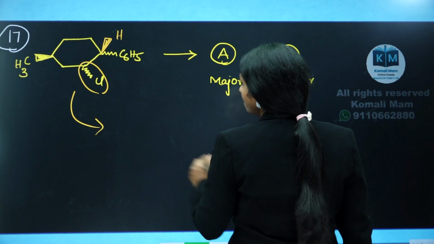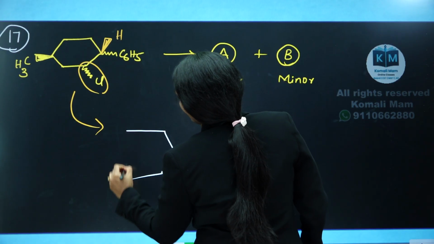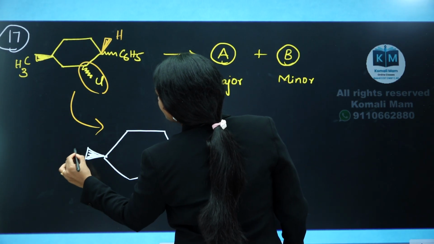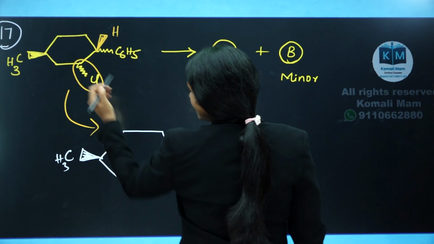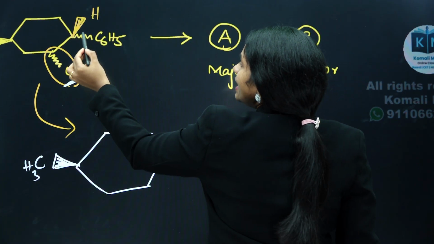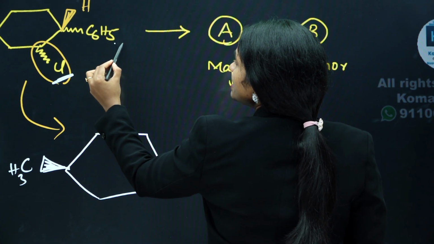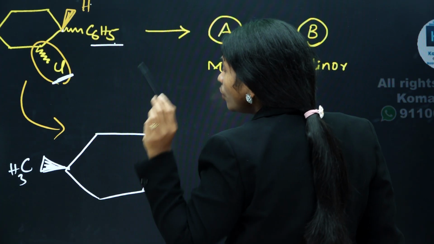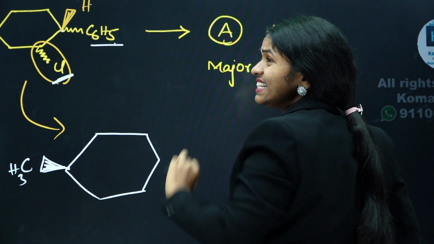Come on everybody. Same, write as it is. Observe this. This is away from the viewer, dash line. Here C6H5 is on a dash line, means hidden hydrogen. How do you come to know hydrogen is hidden there?